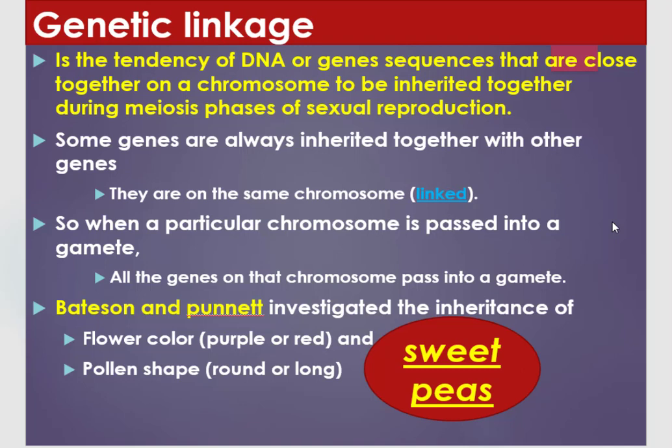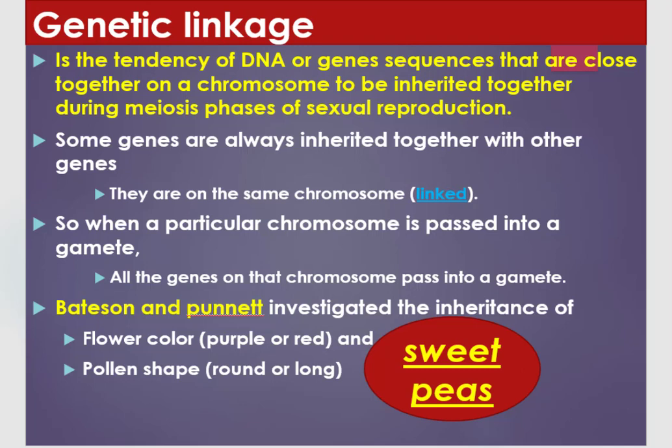Bateson and Punnett were the great, eminent scientists who investigated the inheritance of linked genes. These two scientists conducted their research on flower color and pollen shape in sweet peas.